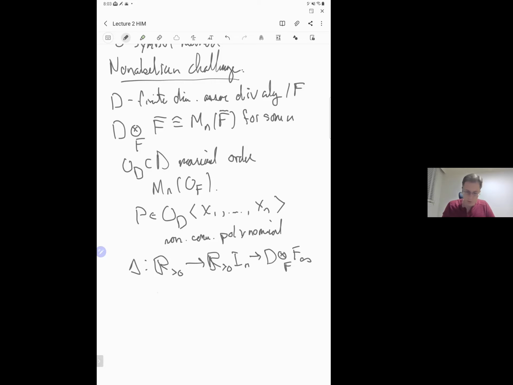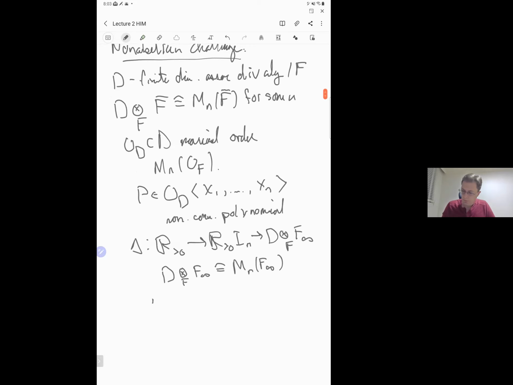For example, if my division algebra splits at infinity, then D_infinity is isomorphic to M_n(F_infinity), and delta sends R, for R bigger than 0, to delta(R), which is in M_n(F_infinity).